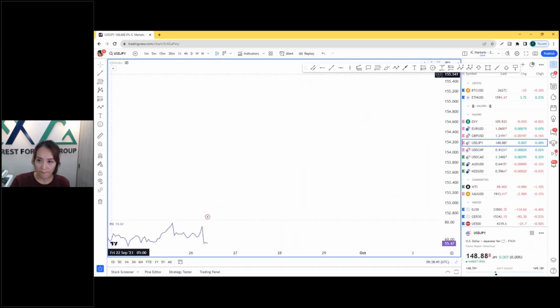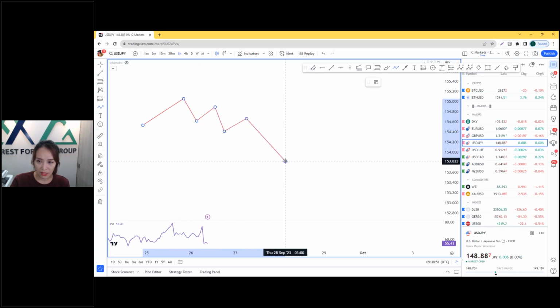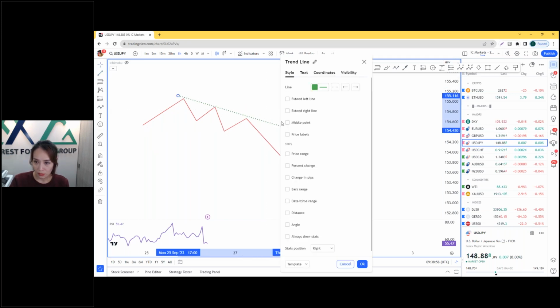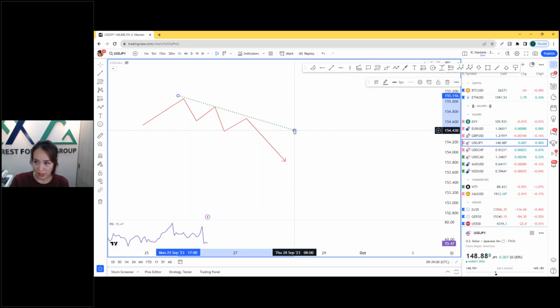For example, we draw the descending trend line here, here, meaning that we expect the price to come down. One, it touched the descending trend line, right?